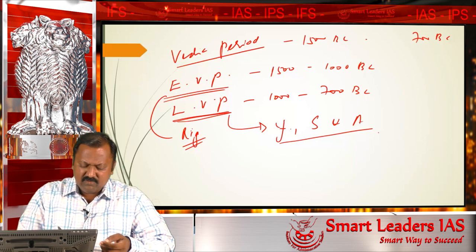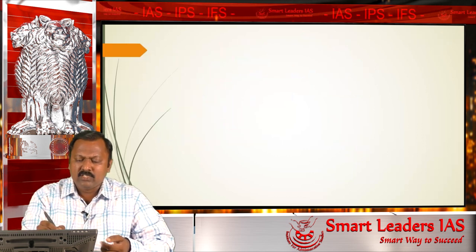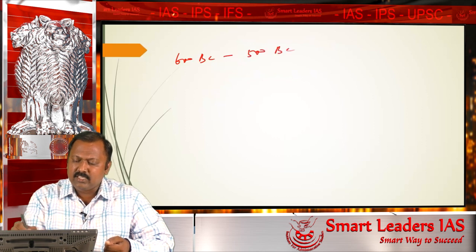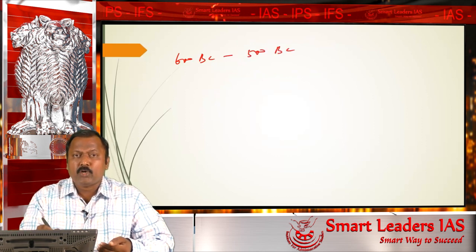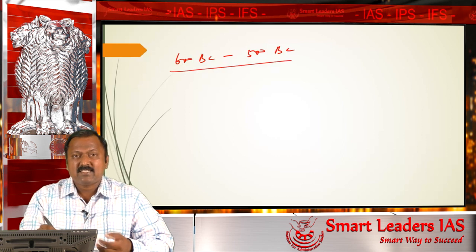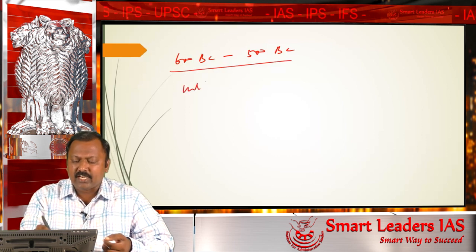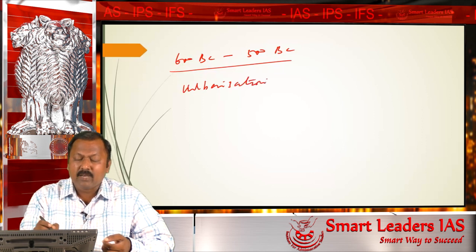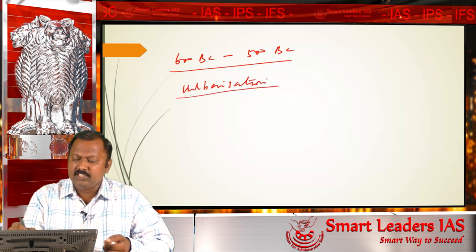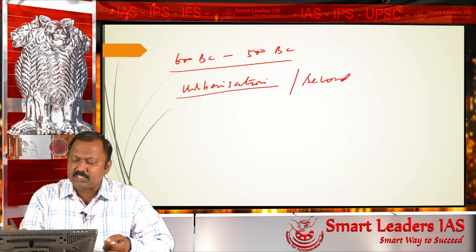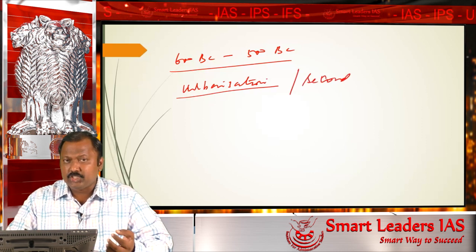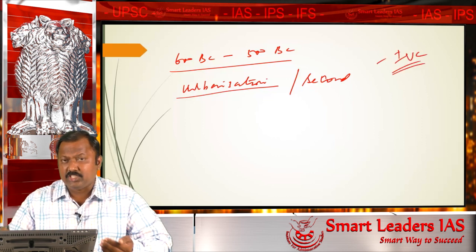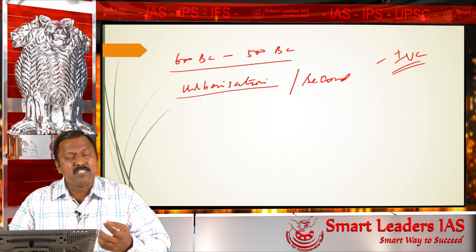After this Vedic period, we come to around 600 BC to 500 BC. This period is very important because during this time in India something called urbanization happened. This is called the period of urbanization. This urbanization in India is the second urbanization. The first urbanization we call the Indus Valley Civilization, where the first urban centers developed in India.